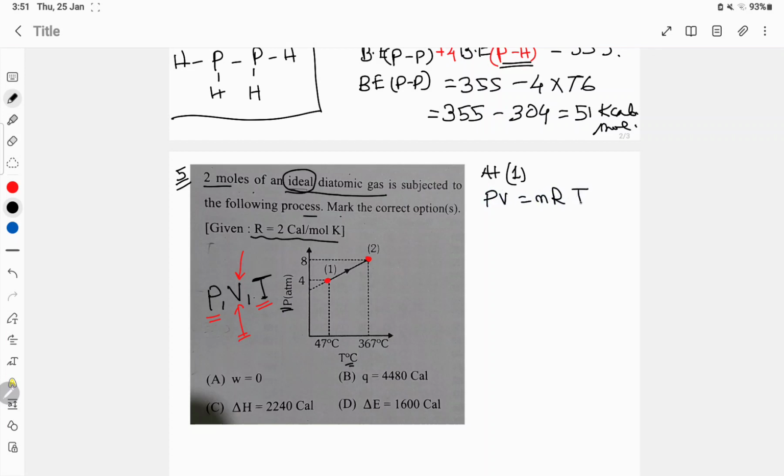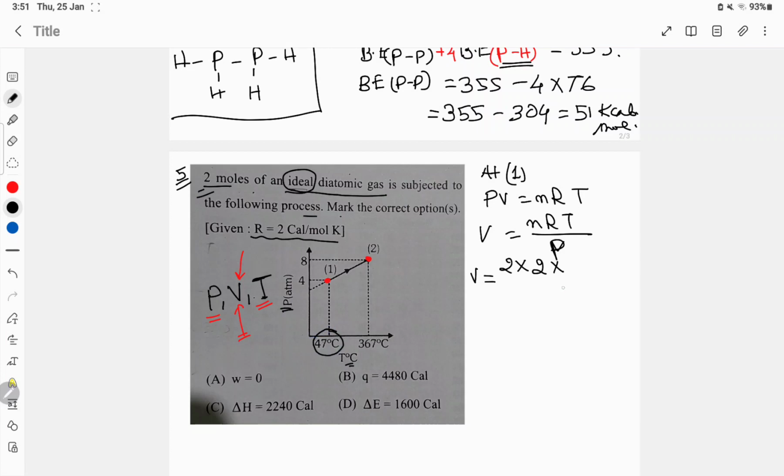PV is equal to nRT, then V is equal to nRT by P. So V is equal to number of moles 2, into R which is 2, into the temperature at point 1, which is 47 degrees Celsius.